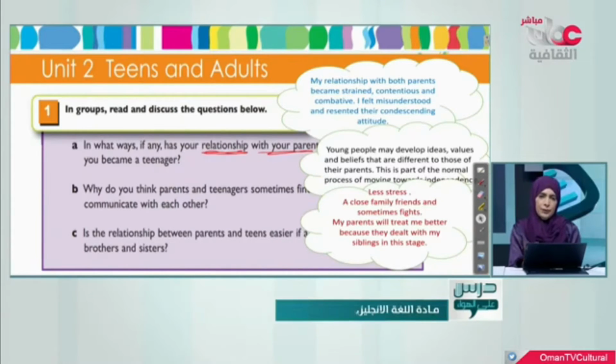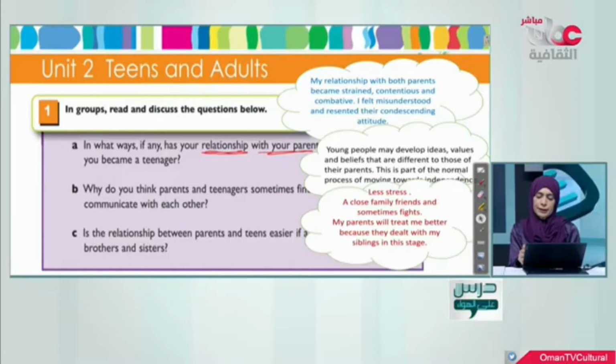The relationship between parents and teenagers will be easier if they have some older sisters and brothers, because they will have less stress and they will have close family friends. She meant her brothers and sisters. They will treat her as a friend. Her parents will treat her better because they dealt with my siblings in this stage.